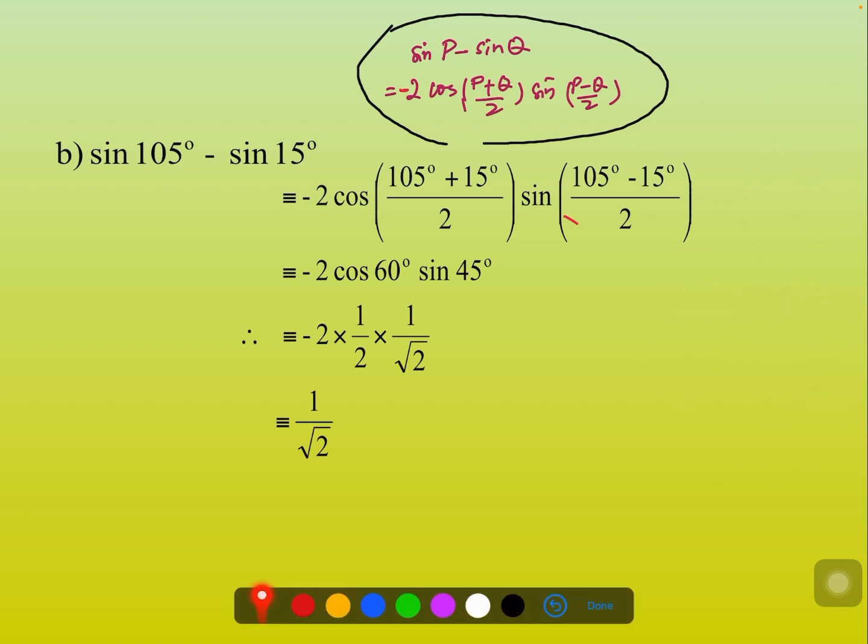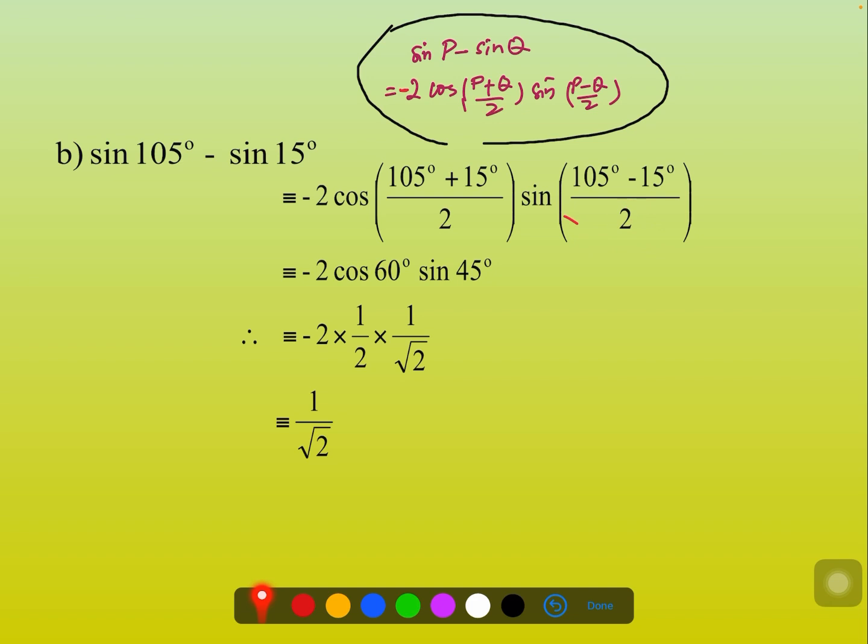So we will have here 2 times cos, P plus Q, this is 120 degree, over 2, sine (105 minus 15) over 2.